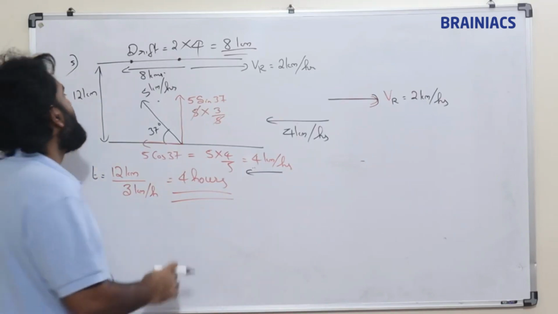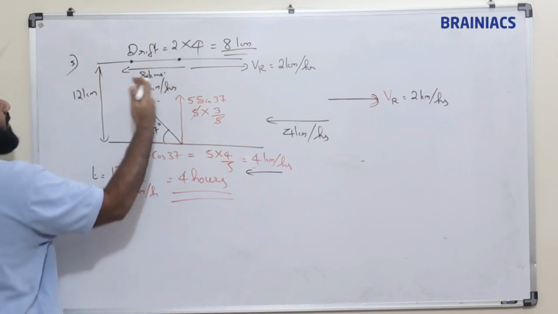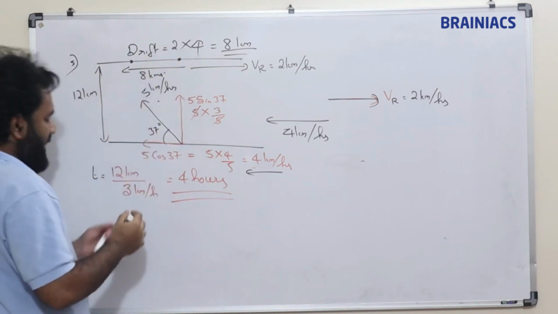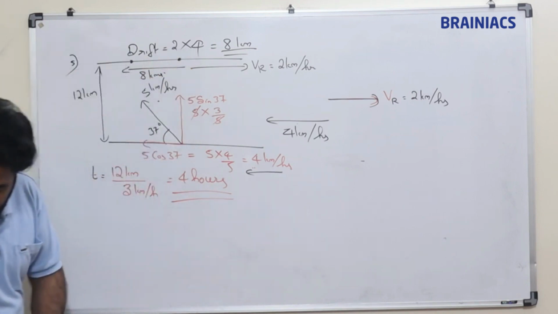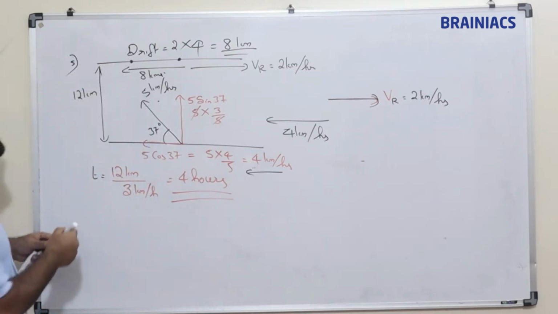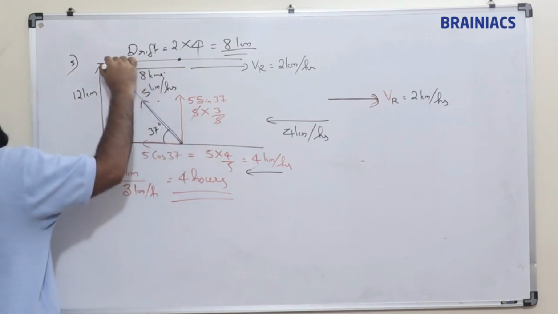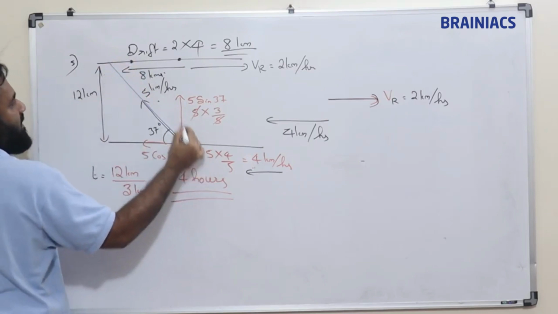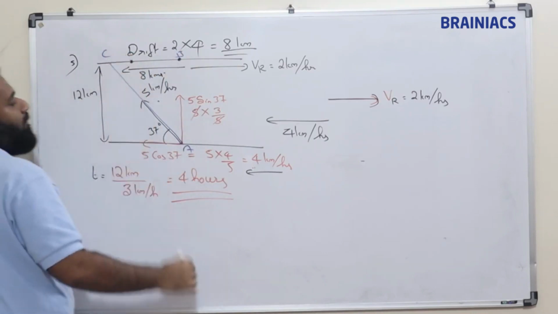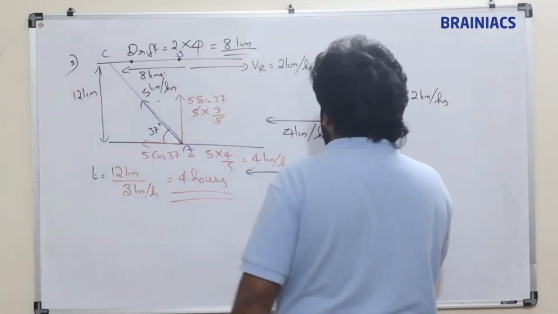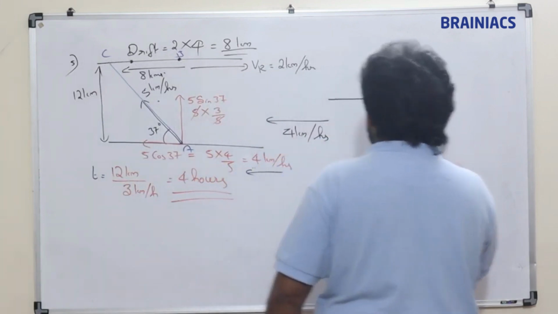Clear or what? So 12 kilometers in this direction, 8 kilometers in this direction. So there is going to be an actual distance, like this. Suppose this is A, this is B, this is C. Suppose we need to find the actual distance AC, what can we do?